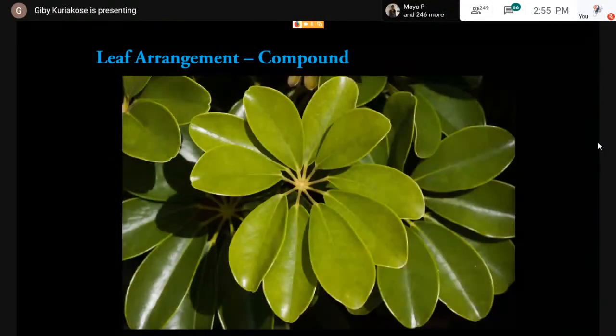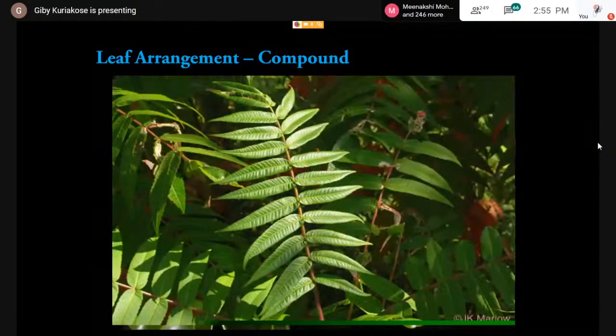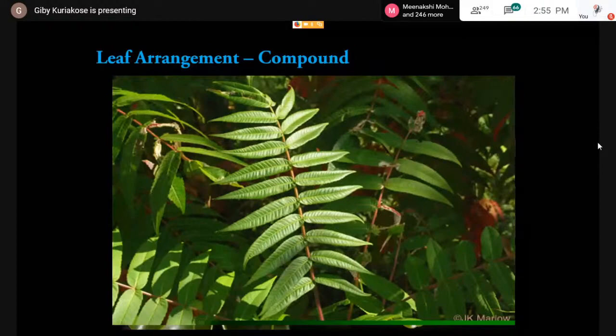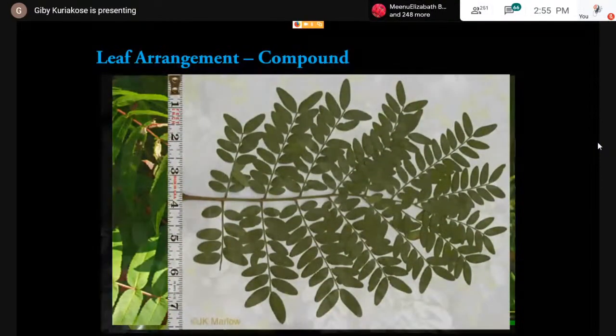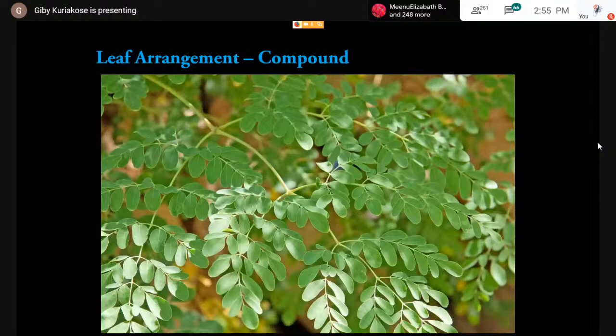Then compound leaf, whether it is palmately compound like this, or pinnately compound. If it is pinnately compound, it is imparipinnate or paripinnately compound, and the number of leaflets, their shape, things like that. Then bipinnately compound, tripinnately compound leaves. These are the characters that would determine family or genus level.